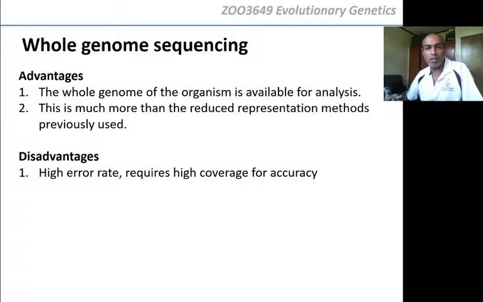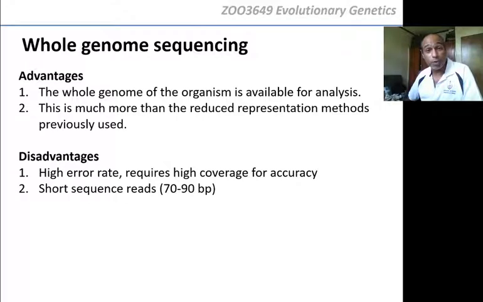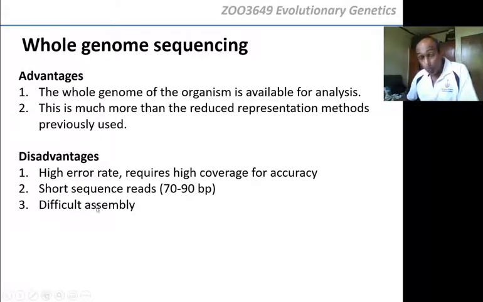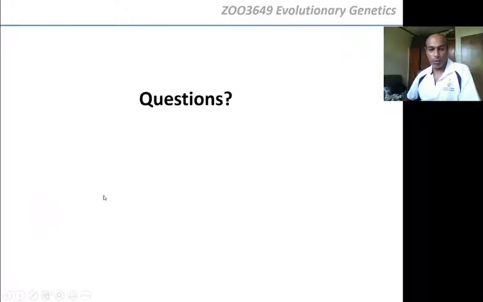It's actually the sequence that is there. And of course, the high coverage is also to call heterozygotes and to phase the genomes. And then short sequence reads are a problem, but that disadvantage will hopefully go away in the next 5 to 10 years with new technology. Those short sequences are difficult to assemble. So actually, both of these problems will go away in the next few years, hopefully.